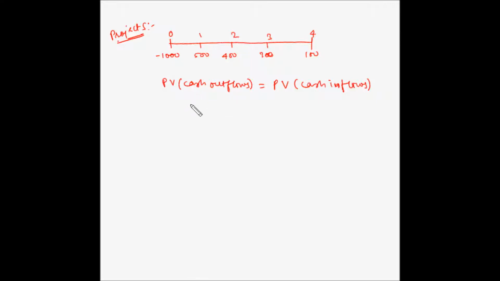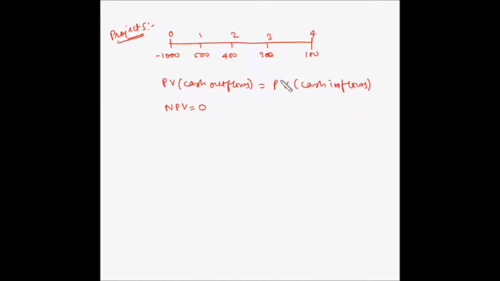Now, what this means is that IRR is the rate that forces the NPV to be equal to 0, because NPV is the net of all cash flows. So when we do the net of all cash flows, we'll represent cash outflows as negative and cash inflow as positive.